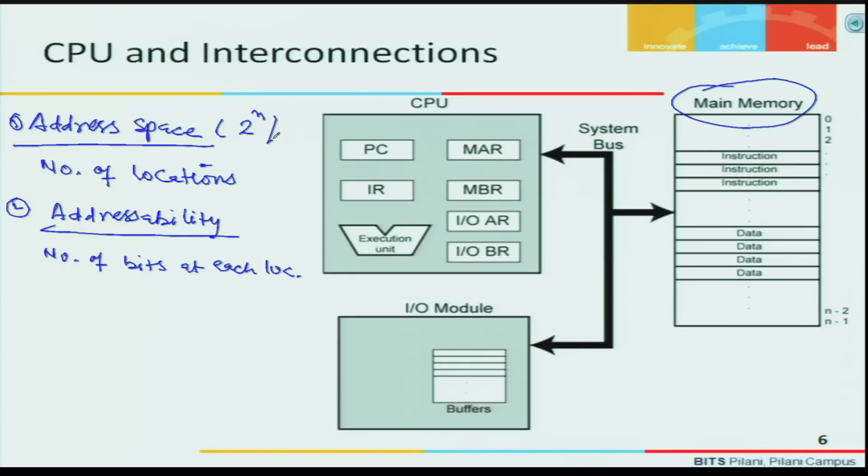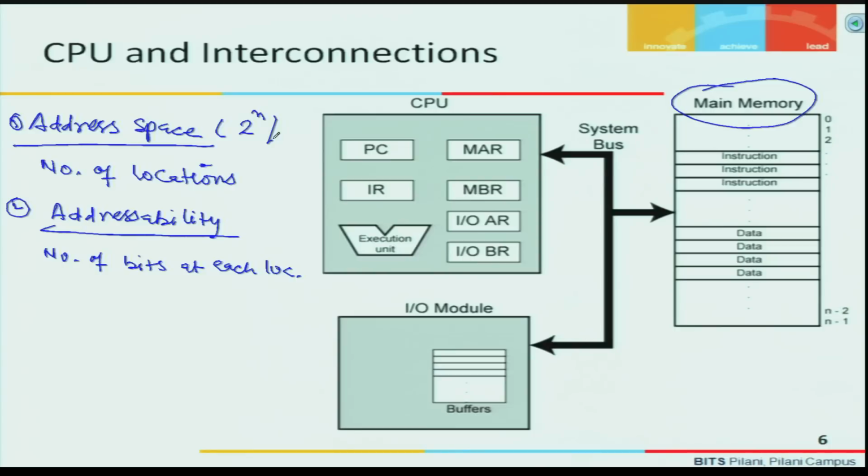So for that I need the address. Let us say the address space is 2 raised to the power n, then what is the minimum size of the address of each location such that I can uniquely identify each location? Let us take a simple example first. Let us say I have 4 locations in my memory.